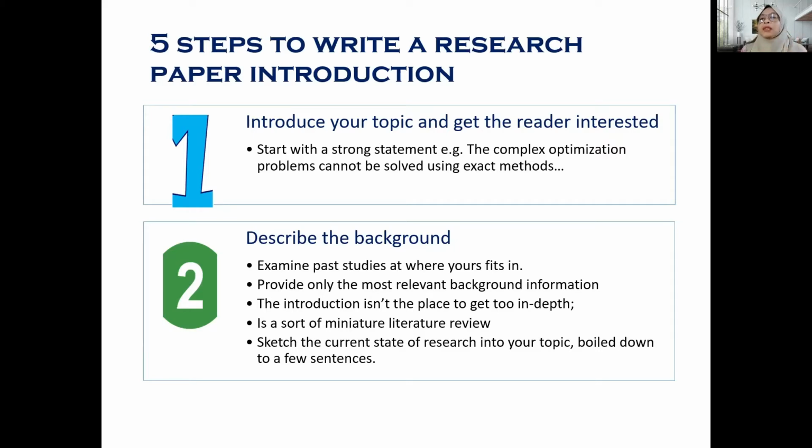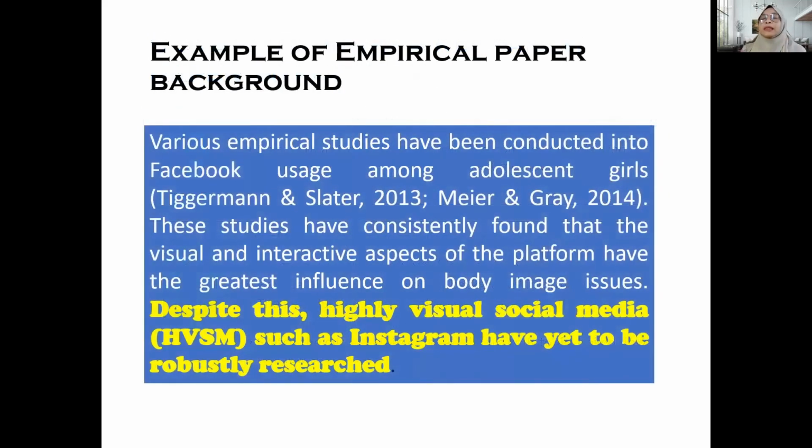So the introduction isn't the place to get too in-depth. It is a sort of miniature literature review. Sketch the current state of research into your topic, boiled down to a few sentences. So this is an example of how to write an empirical paper background. Various empirical studies have been conducted into Facebook usage among adolescent girls.